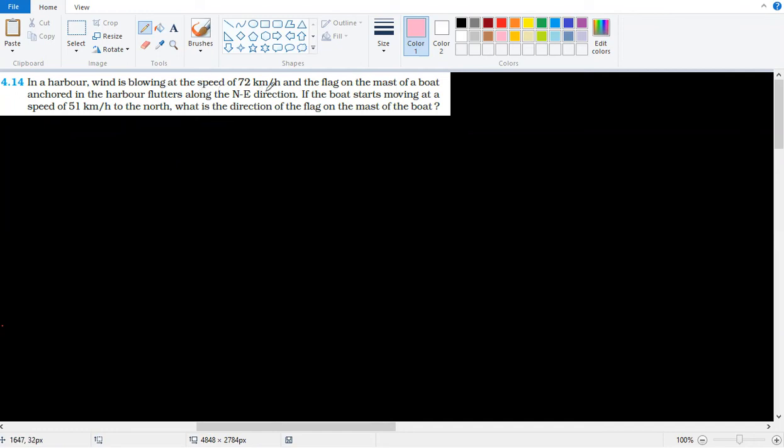So the wind is blowing at 72 kilometers per hour, and the flag on the mast is along northeast direction. So northeast direction means somewhere here. Because you know that this is north, and this is east, this is west. That means this is north, northeast should be here, exactly at 45 degree.